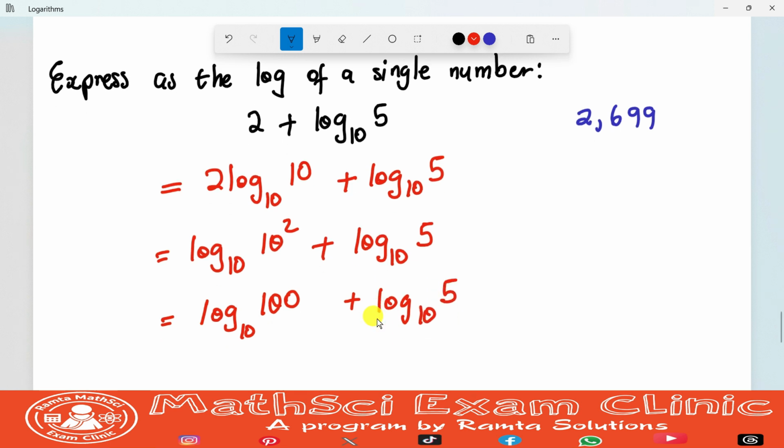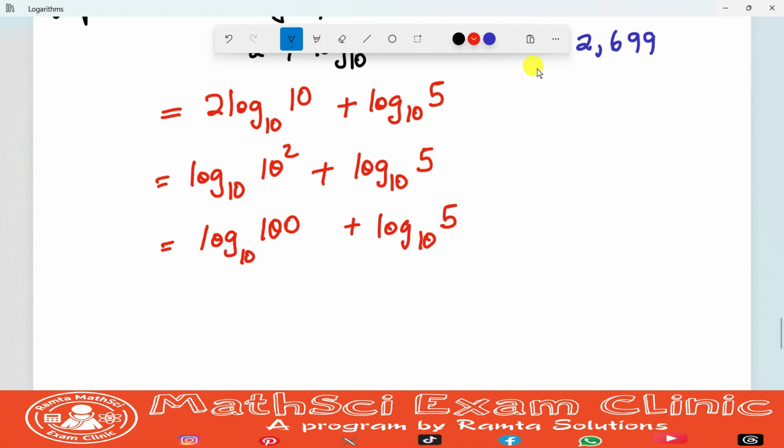And we know now that the bases are the same, we can use the rule that says log m plus log n is the same as log m times n.